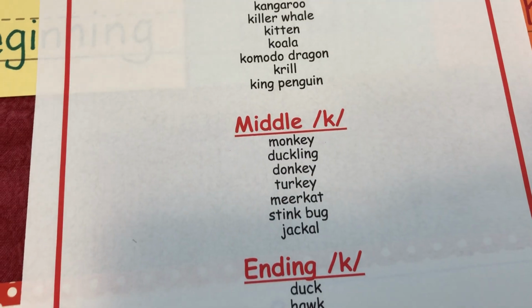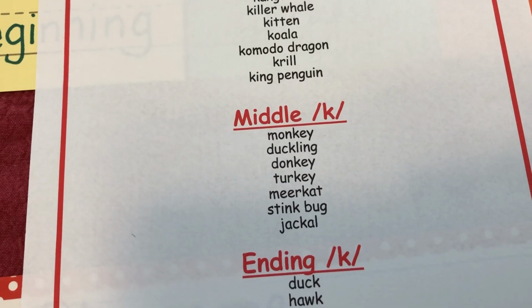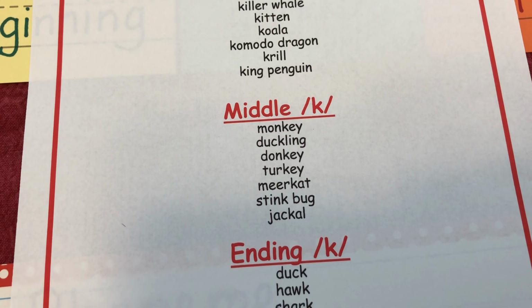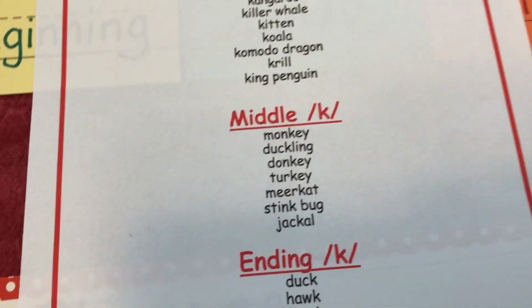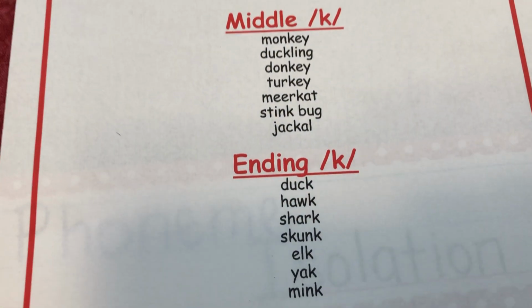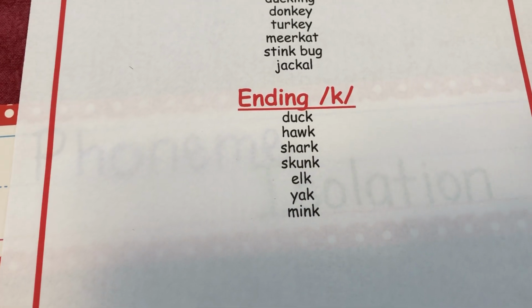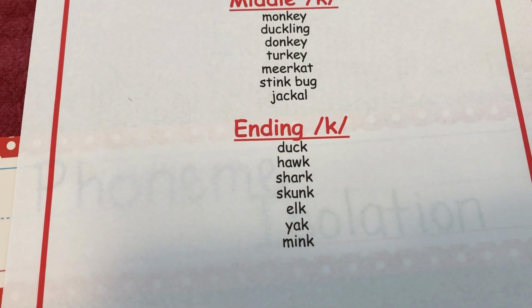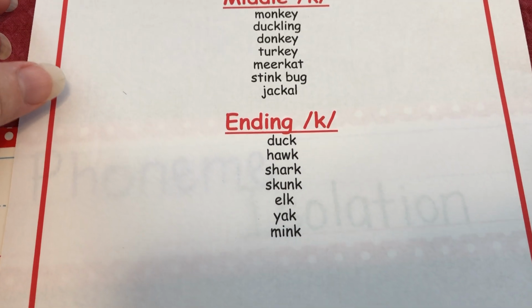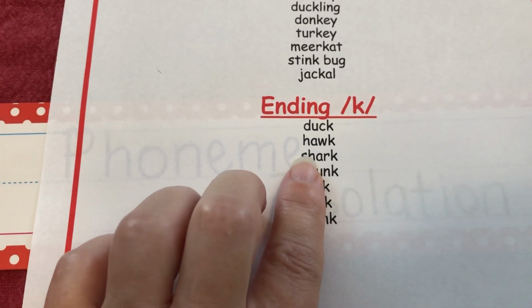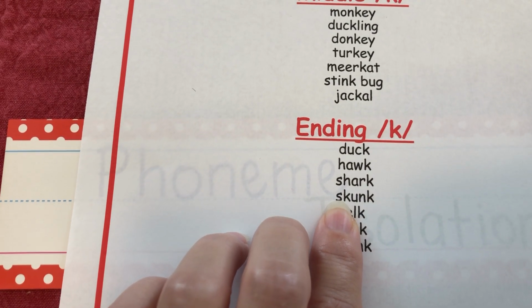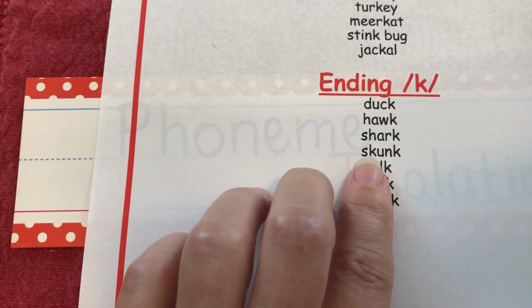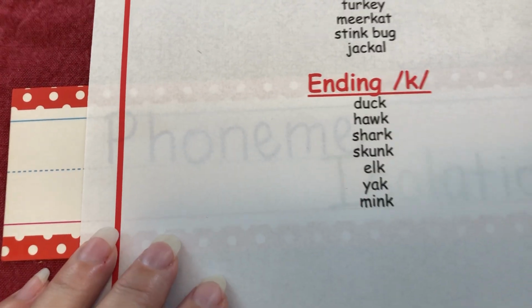Here are the middle k words. Monkey, duckling, donkey, turkey, meerkat, stink bug, because it is a compound word. Jackal. Ending in K: duck, hawk, shark, skunk, elk, yak, and mink. And don't get too worried about these blends here, the consonant blends at the beginning, like sk, okay?